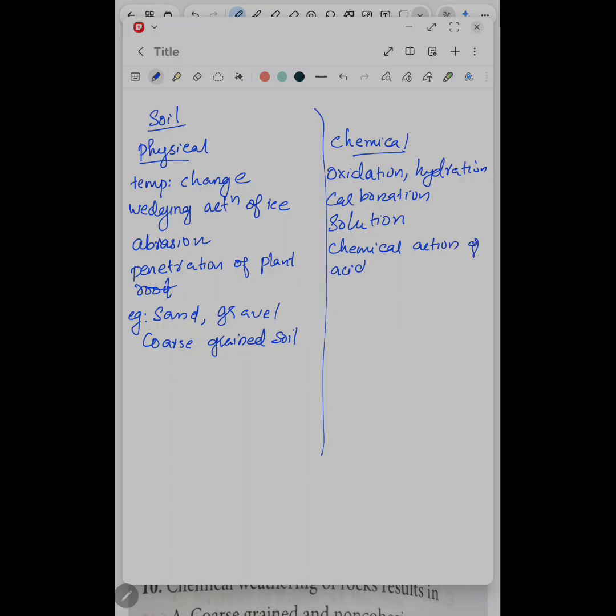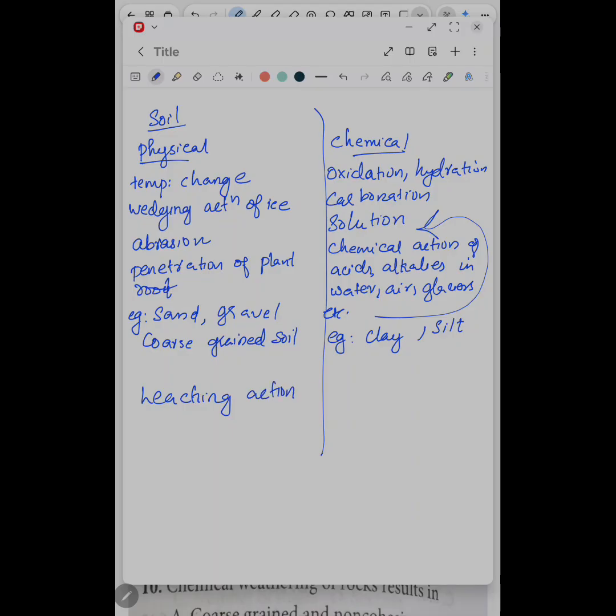So here the examples are clay and silt. Here one more is there, due to leaching action. As a result of leaching action, laterite soil is formed.